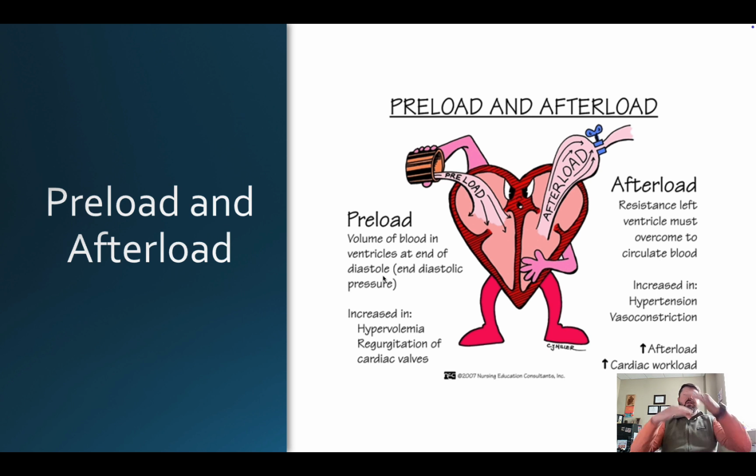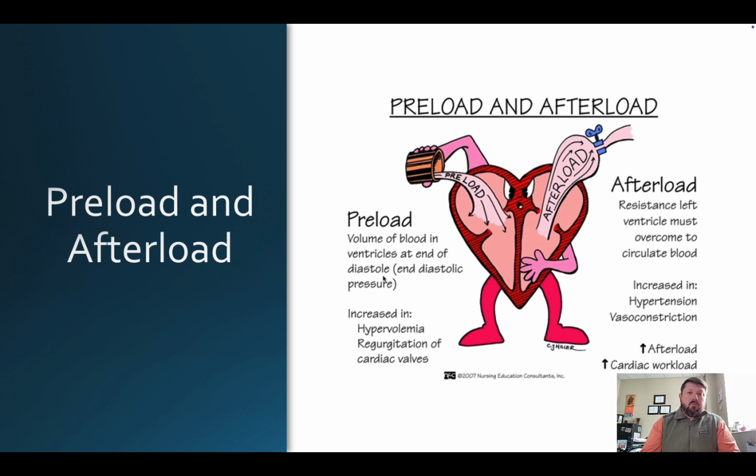That's why it's so important for those cardiac valves to stay closed. And then afterload is a resistance the left ventricle must overcome to circulate blood. Afterload is going to be increased in things such as hypertension and vasoconstriction. And so one very important thing to remember: increased afterload equals an increased workload on the heart as a whole and the whole cardiovascular system.